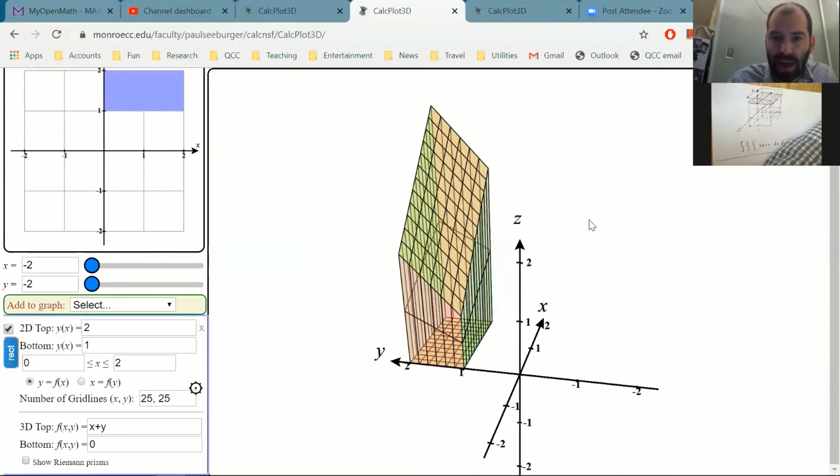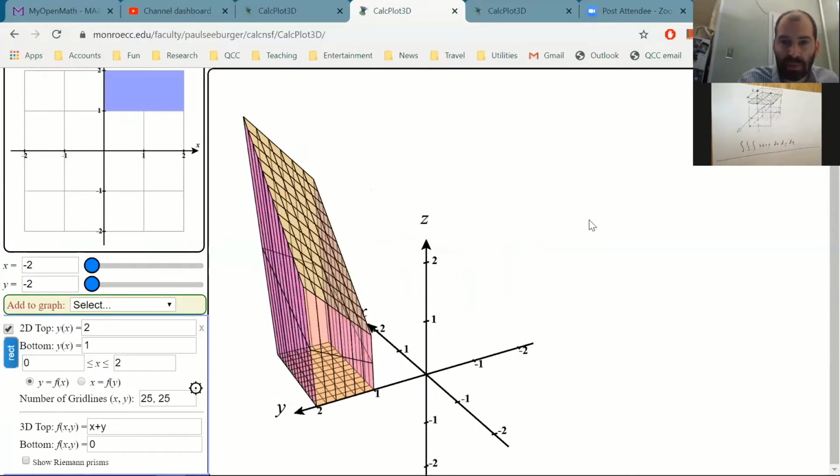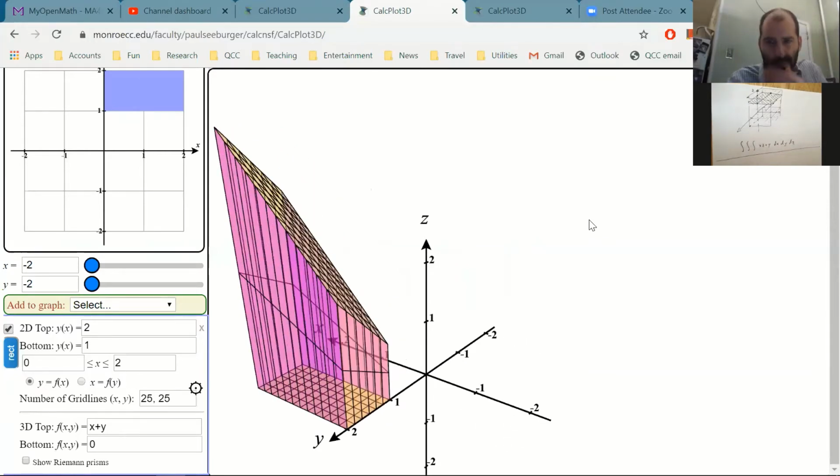Okay, so here we have a region where it's not quite a box. Is everything okay? Can you see this all right? I can never find the chat on this thing.